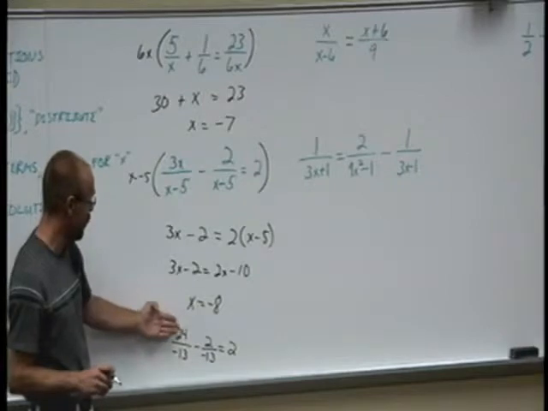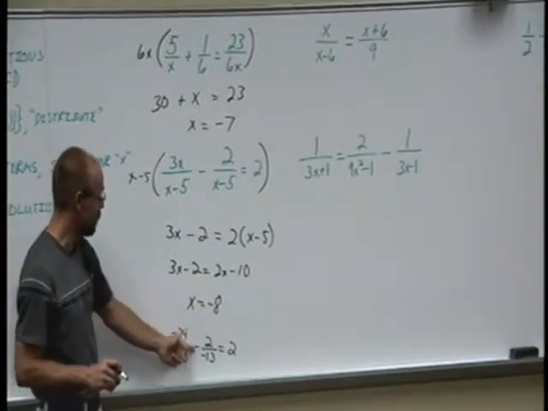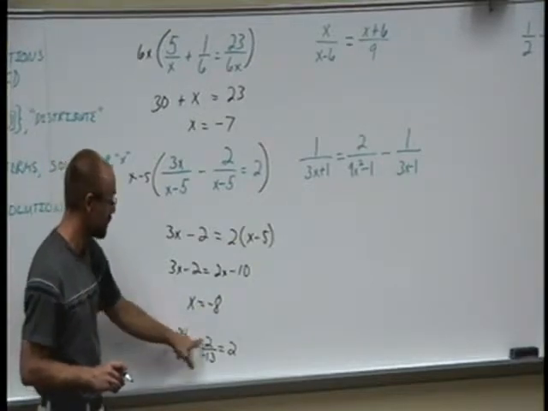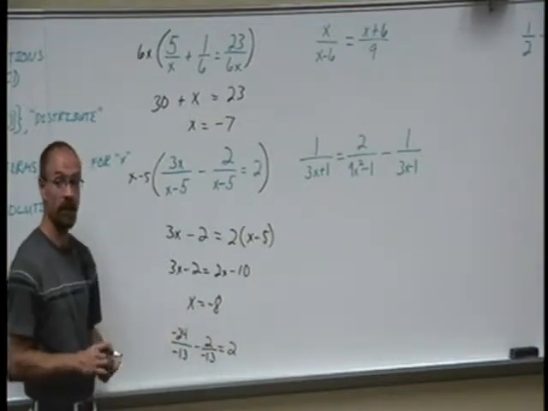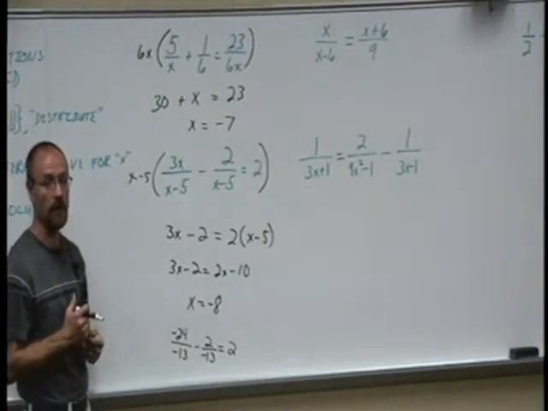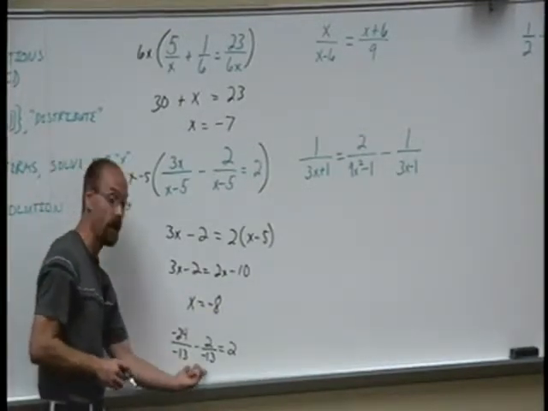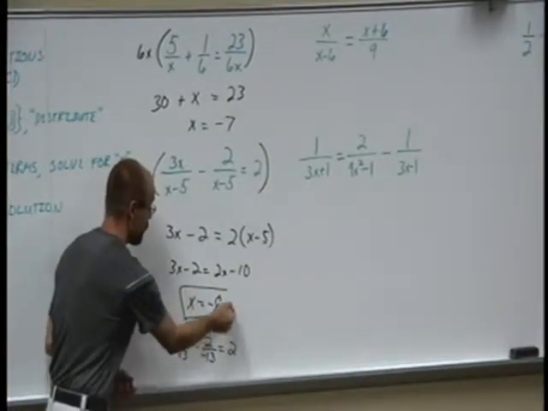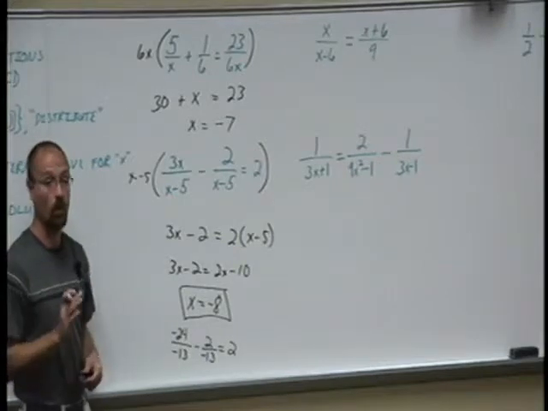Negative 24 over negative 13 minus 2 over negative 13, well, that's the same as negative 26 over negative 13. A negative over negative is positive. 26 over 13 is 2. So this quantity is equal to 2. This is a true statement. I know that this value, x equals negative 8, works.